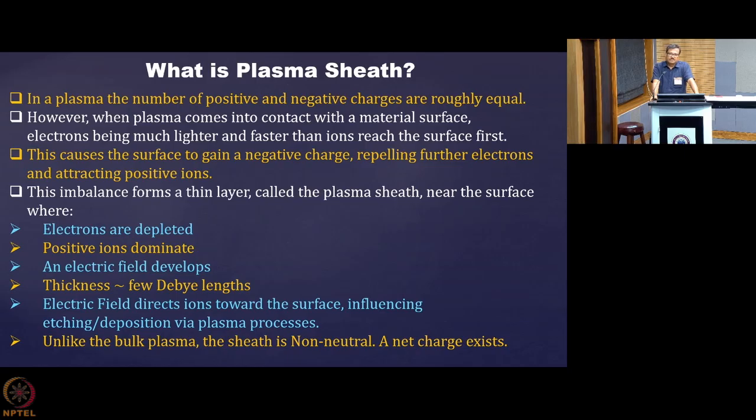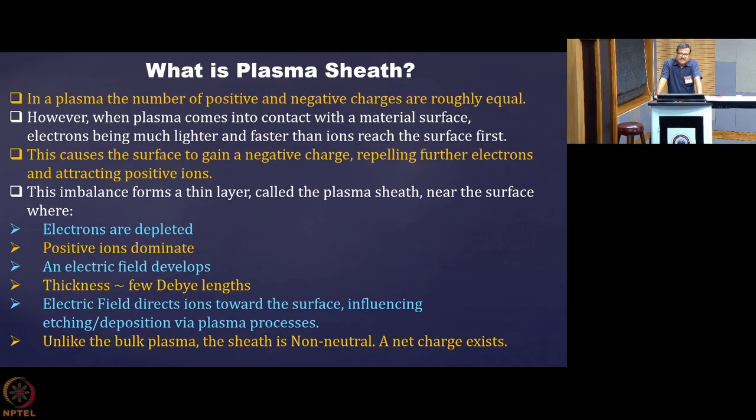So we come to how the plasma sheath forms. In a plasma, the number of positive and negative charges are nearly equal. As you know, overall macroscopic charge neutrality is maintained. Within the device sphere this is not so, but beyond the length scale of the device sphere, this charge neutrality is maintained.